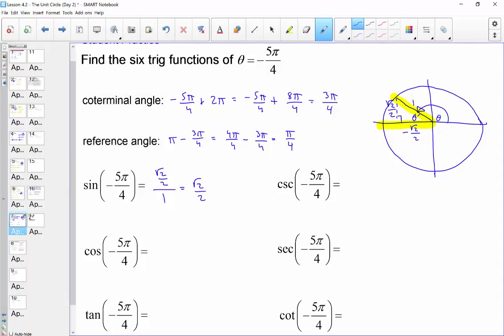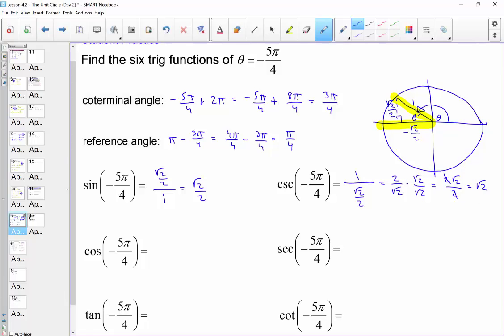The cosecant equals the hypotenuse 1 over the opposite side, square root of 2 over 2. We're going to multiply by the inverse of the denominator, so we'll have 2 over the square root of 2. Rationalize the denominator by multiplying the top and bottom by the square root of 2. So we have 2 times the square root of 2 over 2. The 2's cancel, and we're left with the square root of 2.